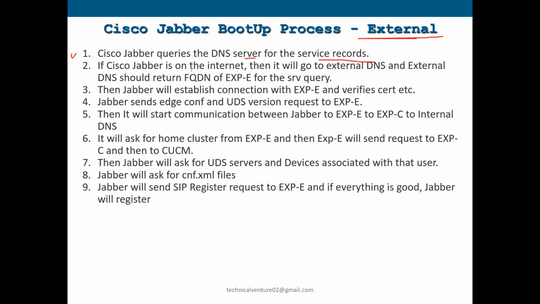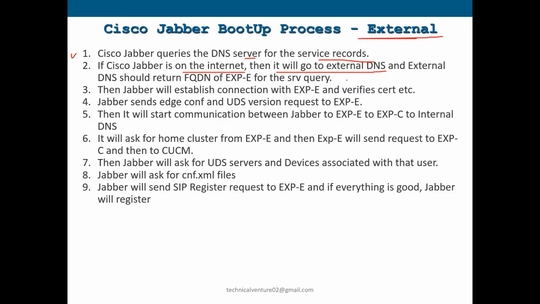If Cisco Jabber is on the internet, like we are taking the example of external, then it will go to the external DNS. Earlier, when we were discussing Jabber on the corporate network, it went to the local DNS and that replied with the underscore Cisco UDS or the cup login.